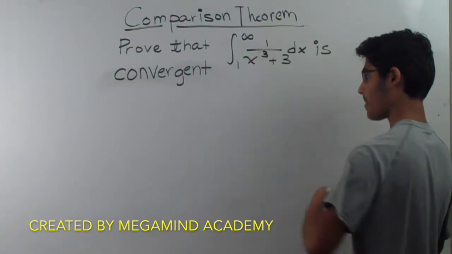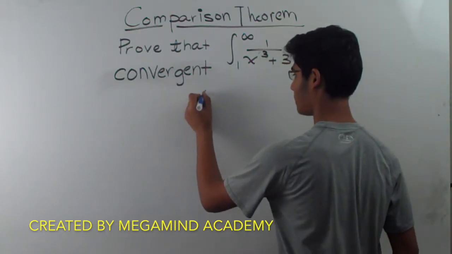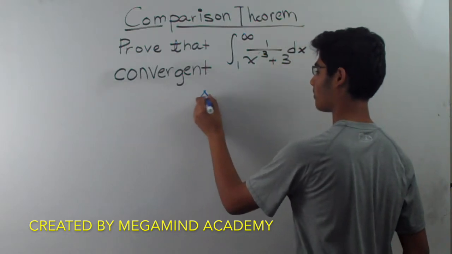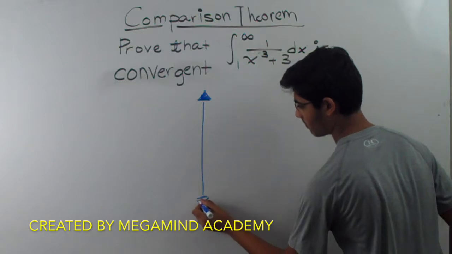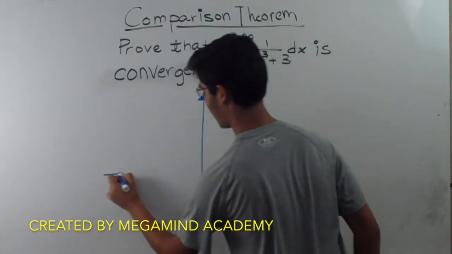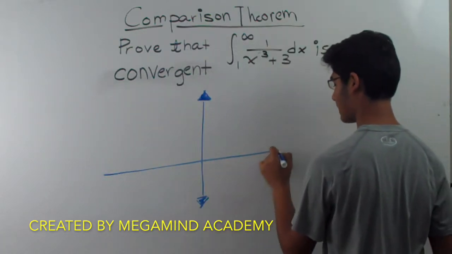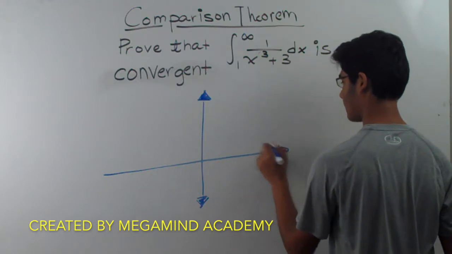So let's say we had a graph, or a Cartesian plane. This is the x-axis, sorry. This is the y-axis.